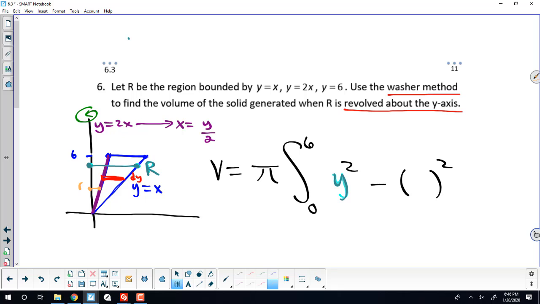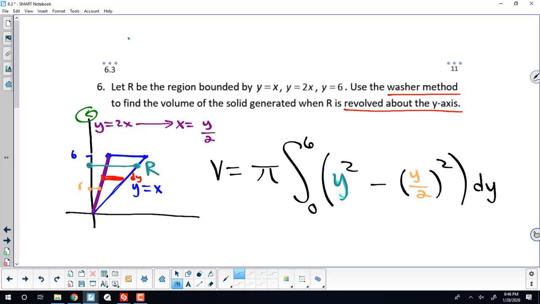Y over 2 minus 0, inner radius squared, and then of course with respect to y. Okay, so that's our setup for the volume.